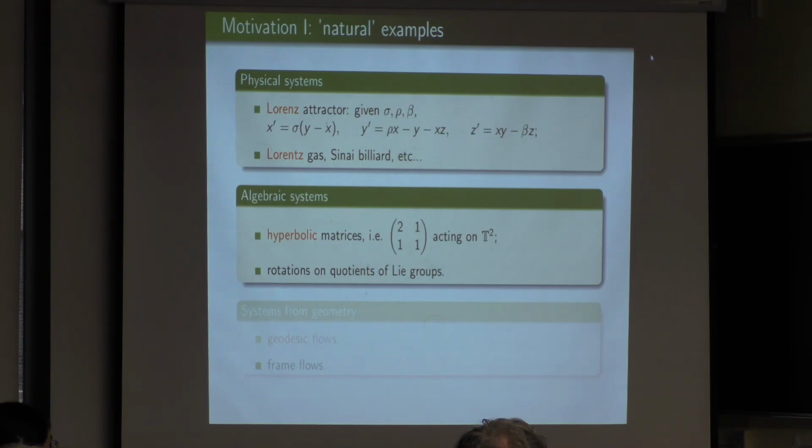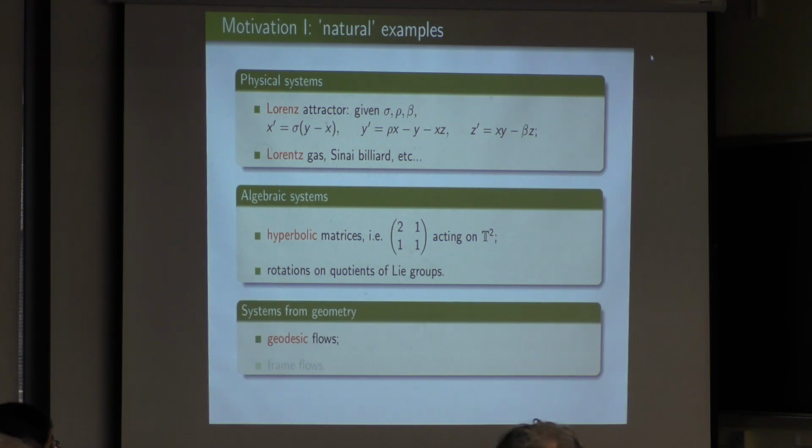But more generally, you can consider rotations or automorphisms on quotients of Lie groups. This is a very simple Lie group, R2, an abelian Lie group, but you can be more complicated. And then you have systems from geometry: geodesic flows, straight flows, and so on. So that's one motivation to study.